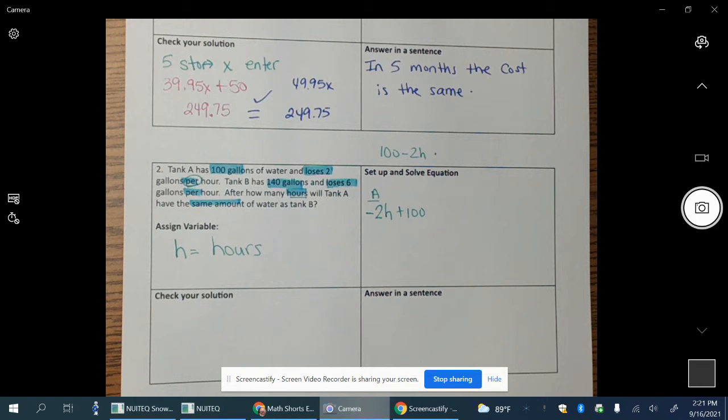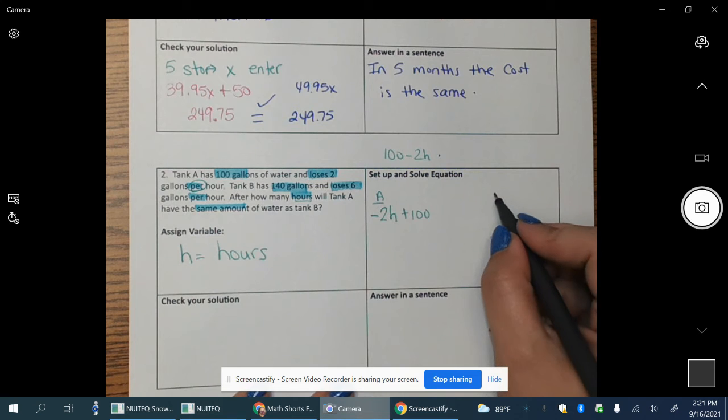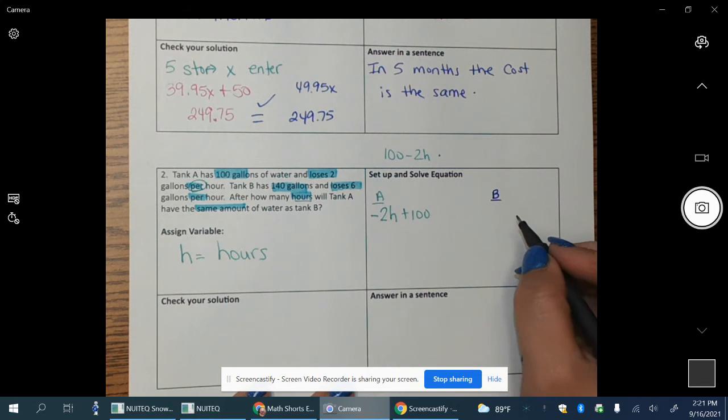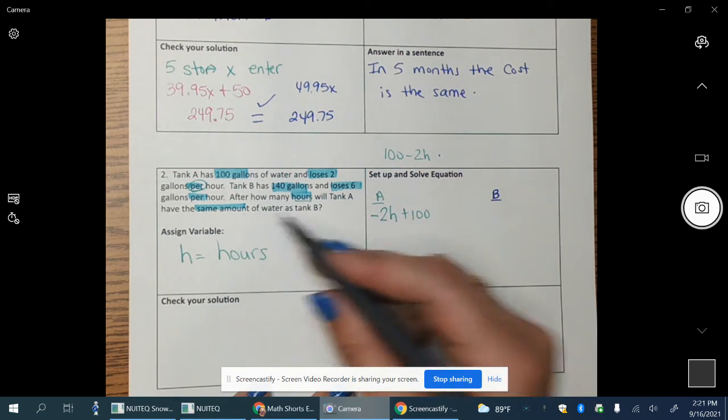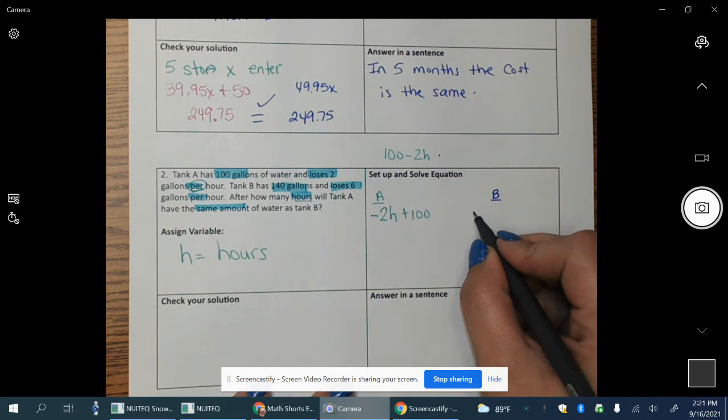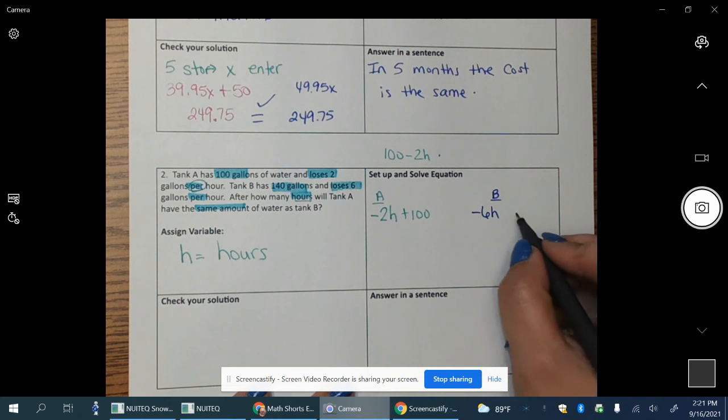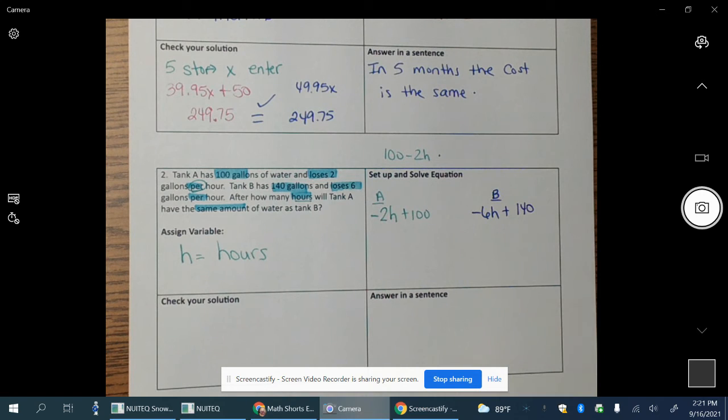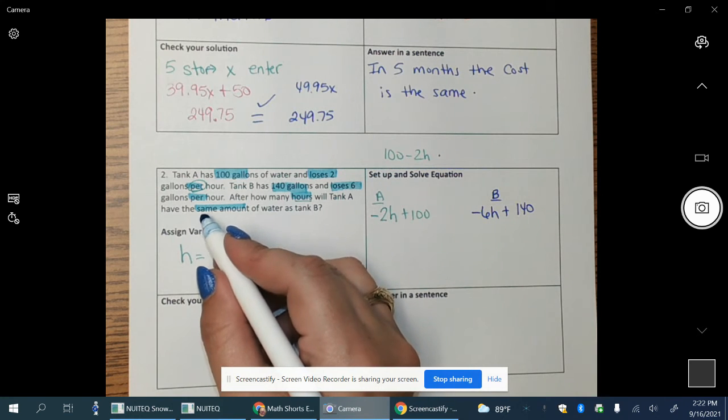Okay? Tank B. Does it have a rate? Yes. What is the rate? Loses 6. So how do I write that? Minus 6H plus 140. And then are they equal? It wants to know what? The same.